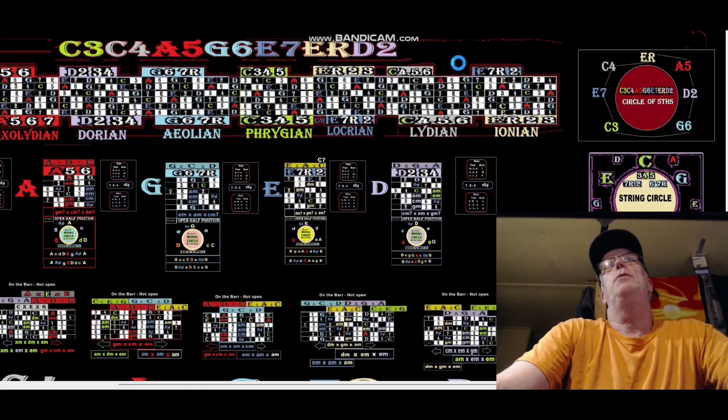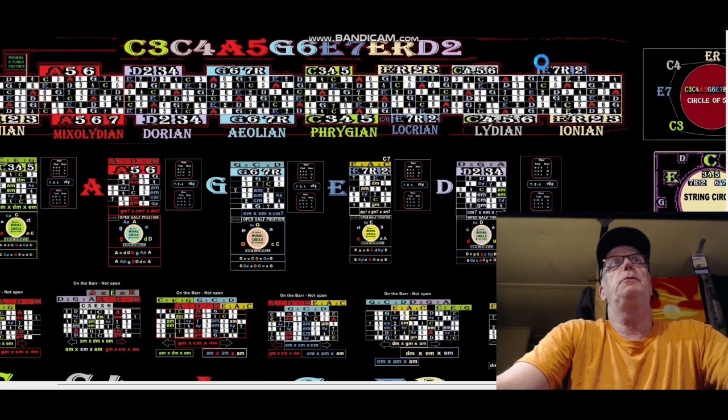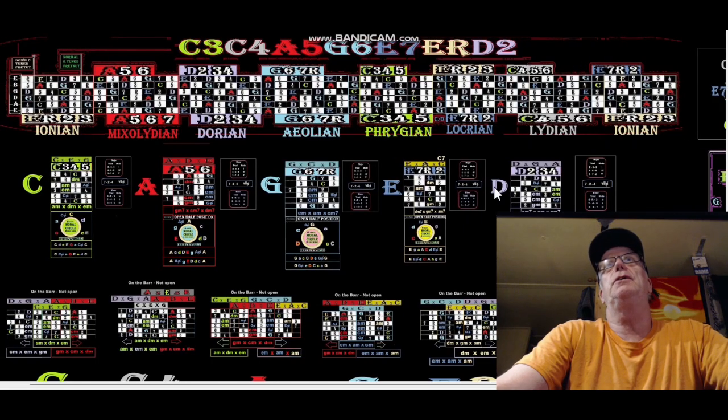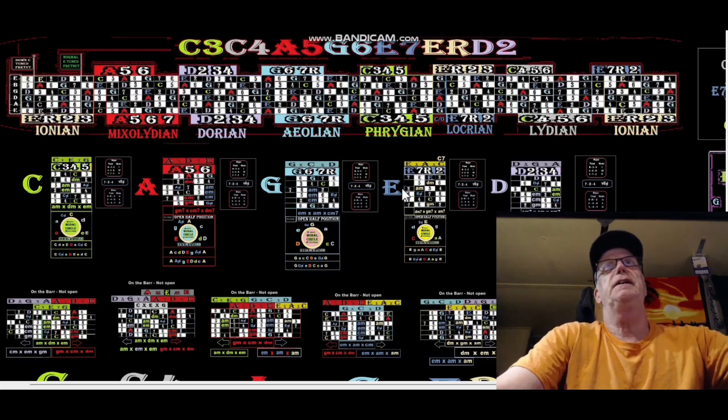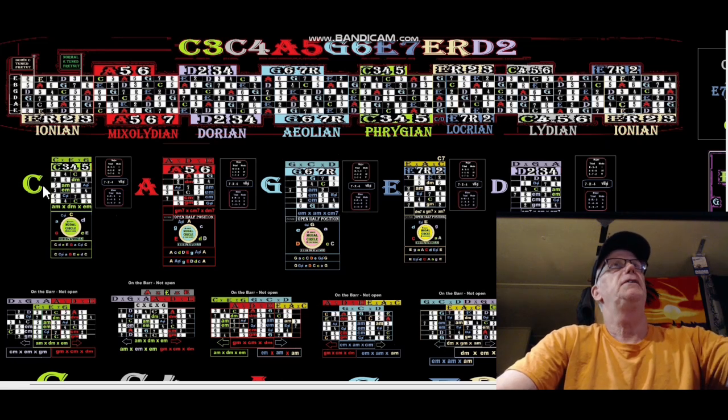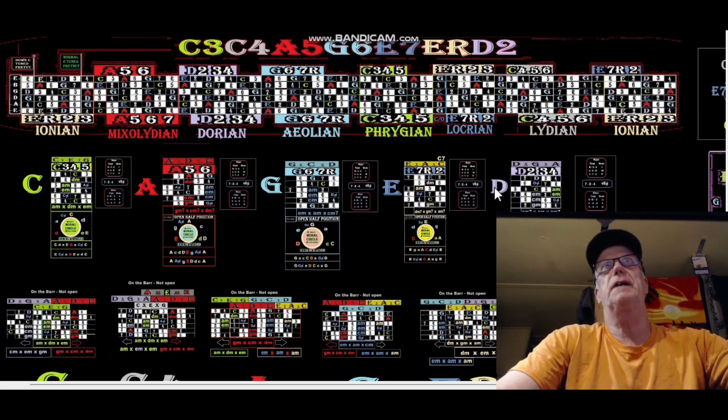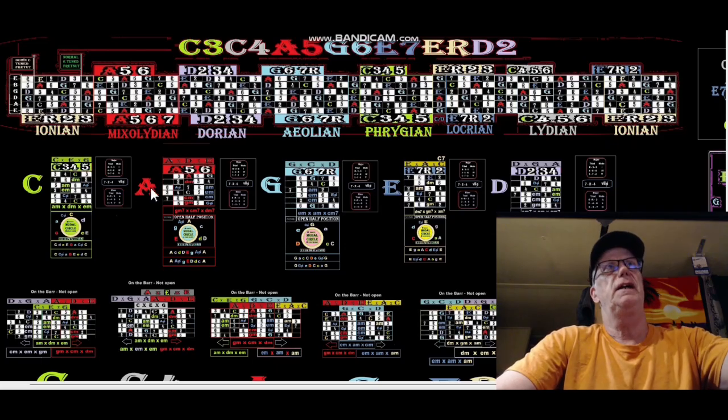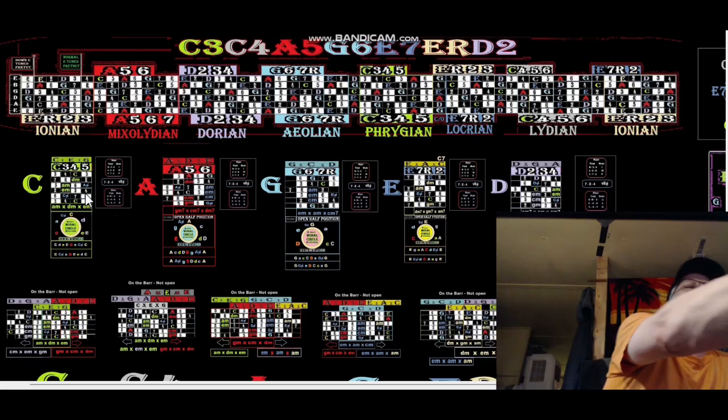One thing that people have a little trouble with is the way with the CAGED circle. Just imagine this is a rollout of a simple CAGED circle. D goes back to C. If you're going the other way, say we're going in a pentatonic scale, D, E, G, A, C, back to D, E, G, A, C. So it's a pentatonic system.